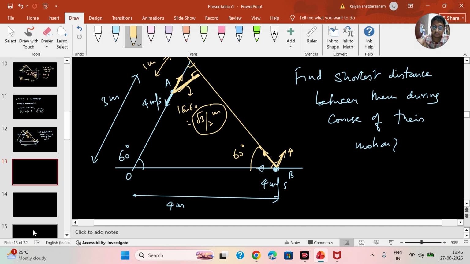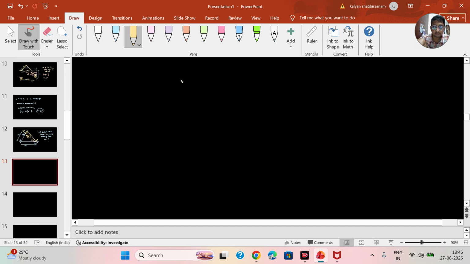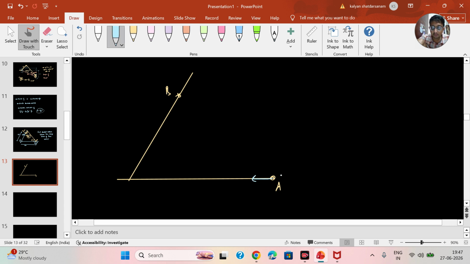Or if you go to A's frame, this is B, this is A. A was moving with 4, you add negative 4. B was also moving with 4, you add negative of A's 4. B starts going in this direction. And this distance was 3.